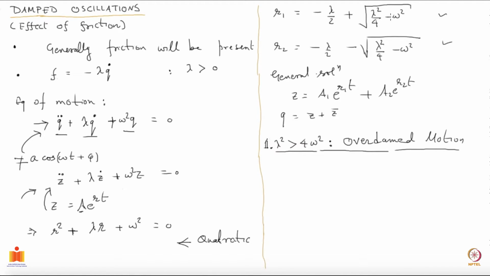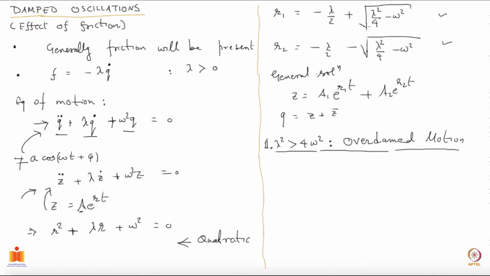The limiting value is 0. So when omega is really small, you can drop omega in comparison to lambda square over 4. In that case you just get minus lambda by 2 plus lambda by 2, that is 0. But if omega is anything but 0, this will be a small positive number less than lambda by 2, so you'll get a negative quantity.